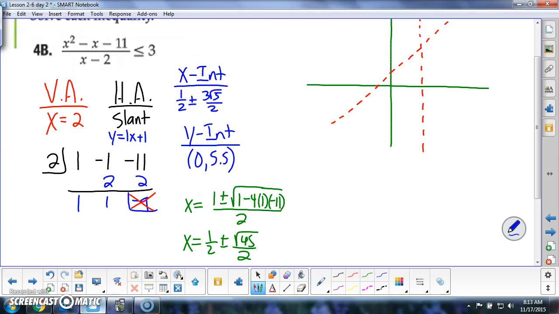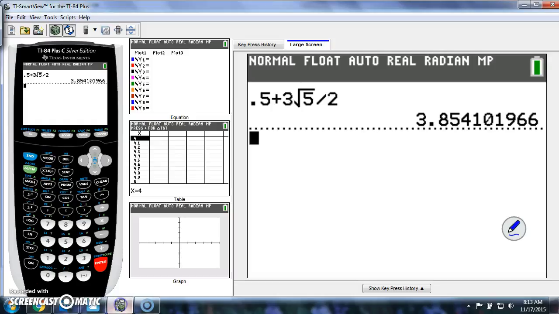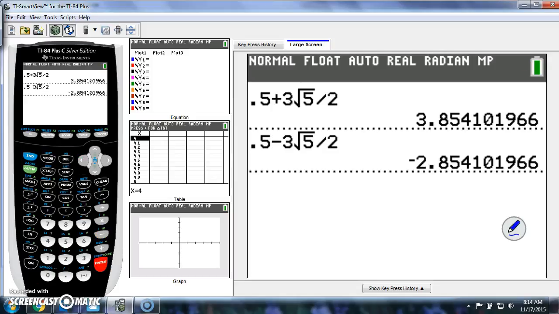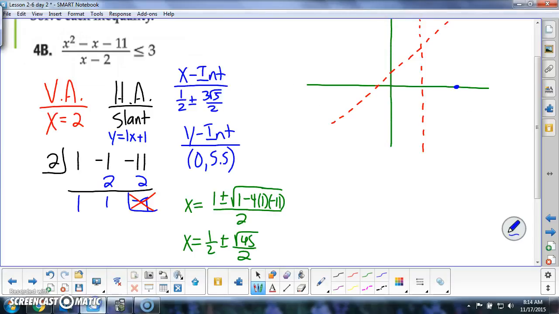So on my graph, I'm going to go to 3.8 and make a point someplace over here. And if we do the same thing but with a minus, we get negative 2.8. So over here at negative 2.8, we'll also have an x-intercept. And our y-intercept, we said, is at 5.5, so that's going to be someplace up here.